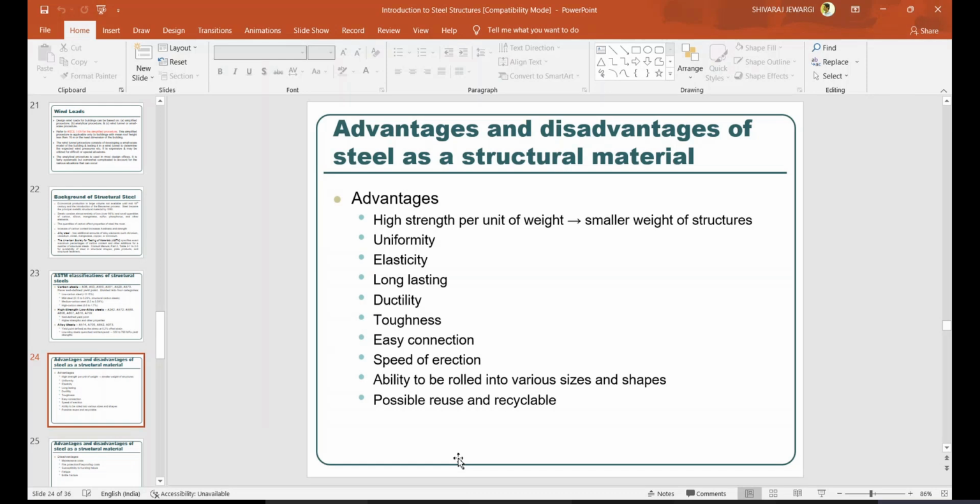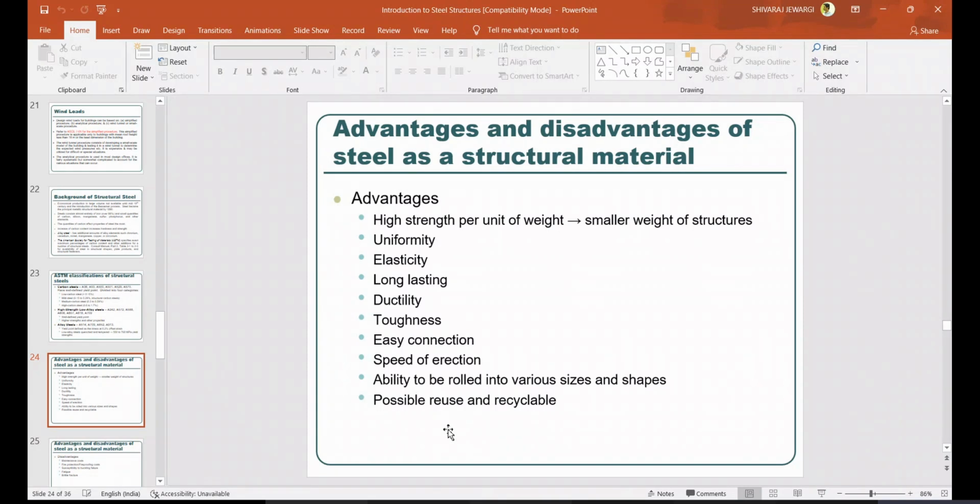Followed? And one more, the last advantage, is that steel structures have a reusable capability, which means that after certain years, the waste steel materials can be recycled and reused further.